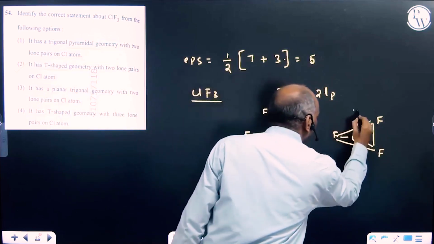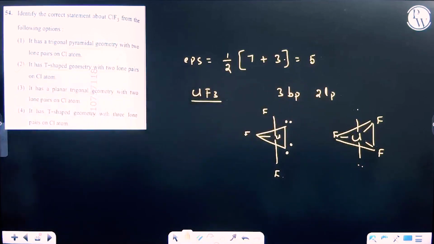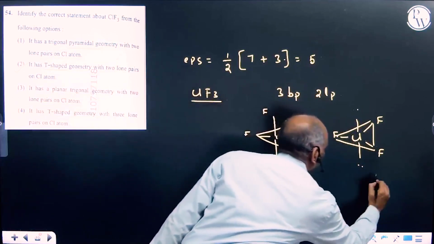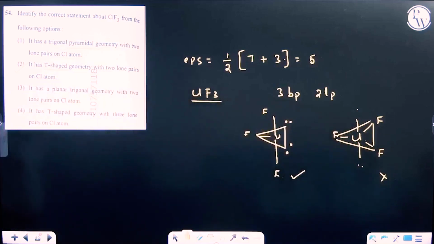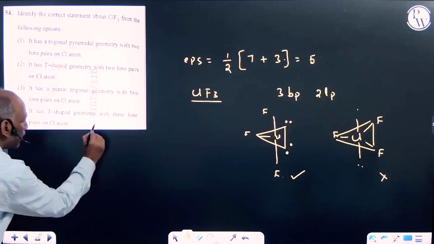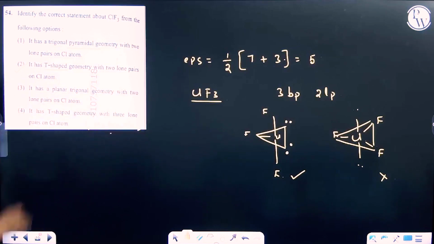It has two lone pairs, and this is the correct structure, not this one. So it is not pyramidal, it's bipyramidal. Here it also looks simple, but the trap is there. So this is also a moderate kind of question which we can grade, and we need to be cautious.